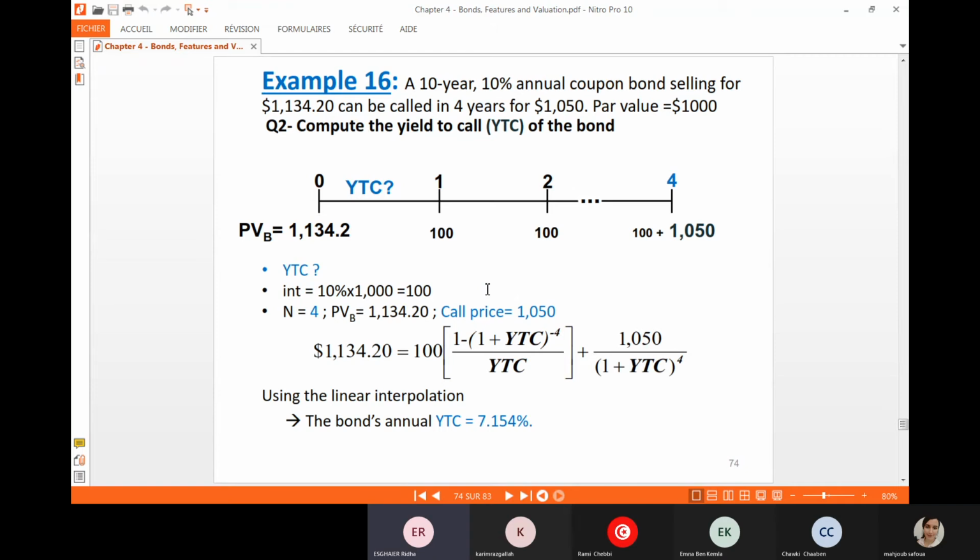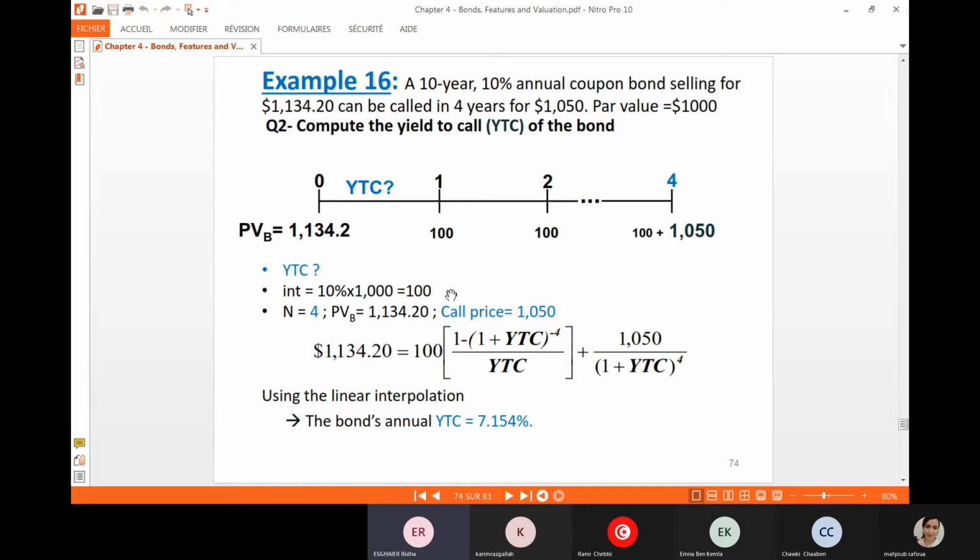Suppose now that the bond is called. What will be your yield to call? If the bond will be called, what you expect to earn as a return.